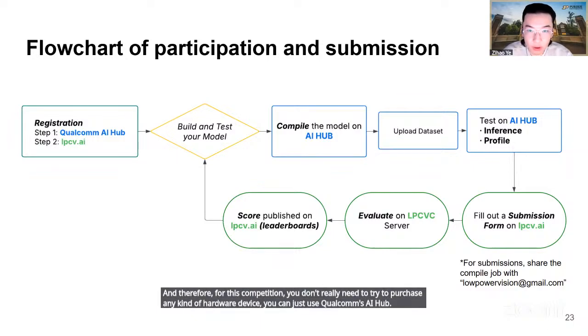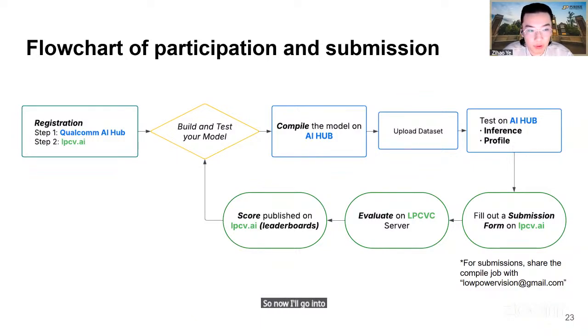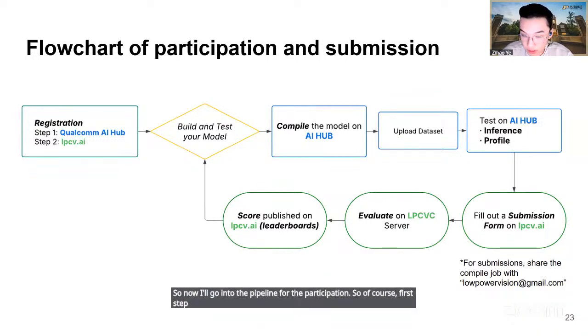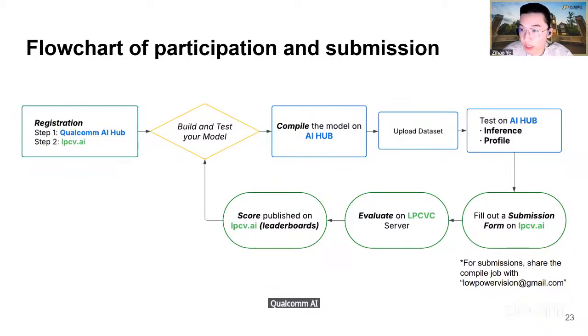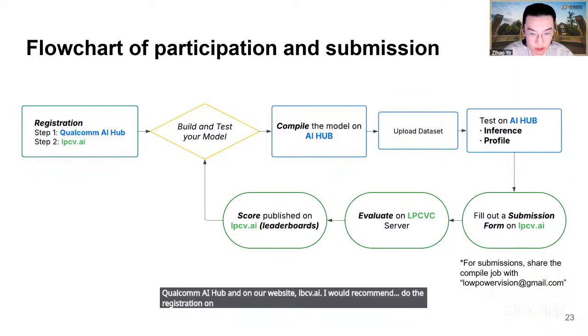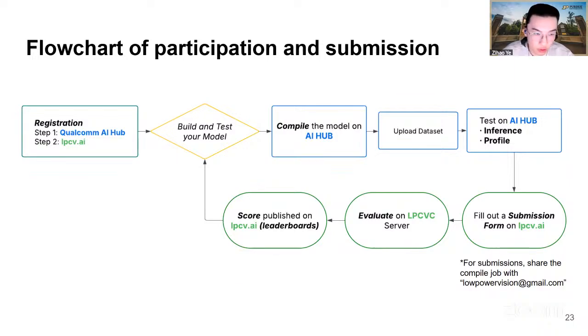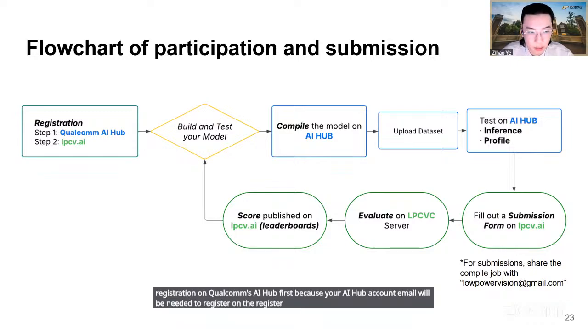All right, so now I'll go into the pipeline for the participation. So of course, first step will be registration. And since we'll be using Qualcomm's AI Hub, we actually ask the participants to register on 2 different platforms, Qualcomm AI Hub and on our website, lpcv.ai. I would recommend doing the registration on Qualcomm's AI Hub first, because your AI Hub account email will be needed to register on our website.